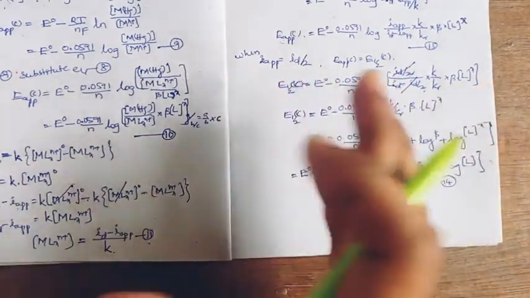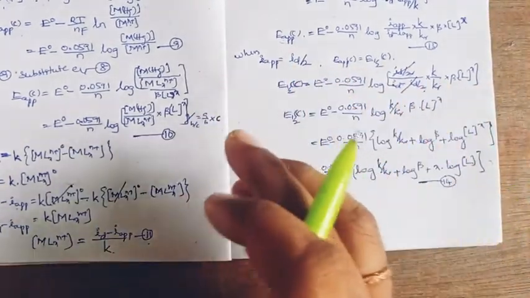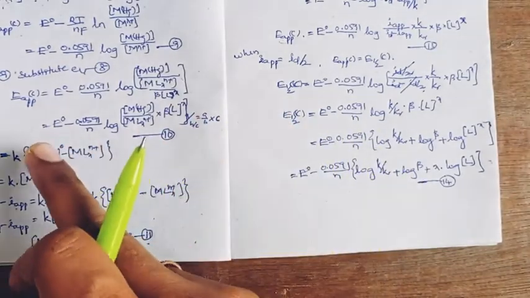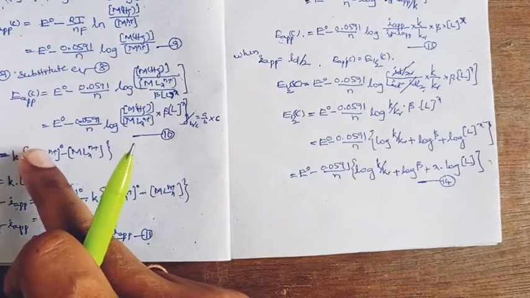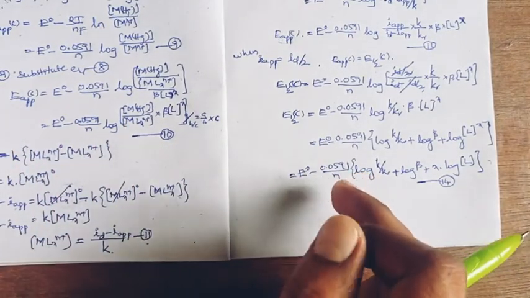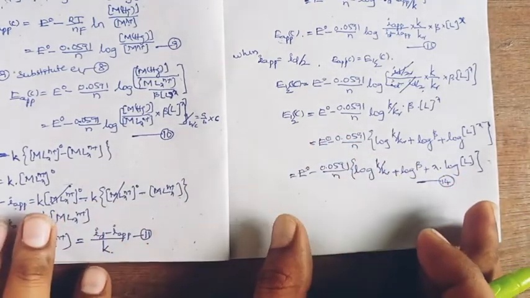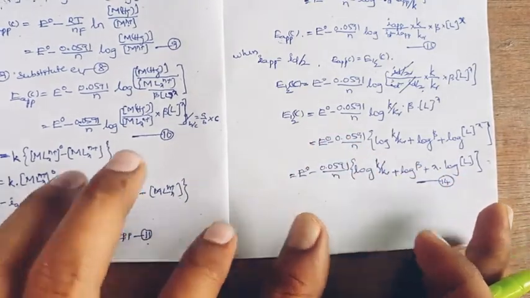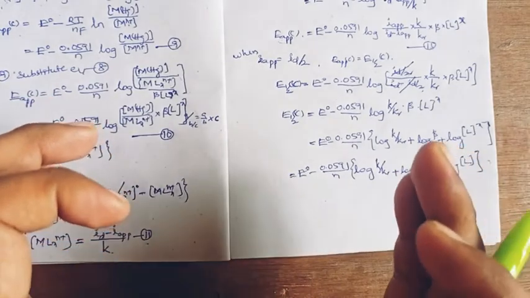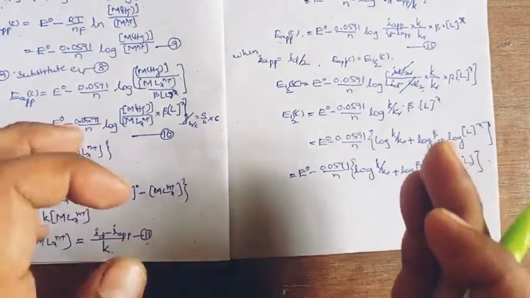So we make a subtraction, where the half wave potential in equation number 7 is subtracted from the complex half wave potential. That gives the summary for calculation of the stability constant.